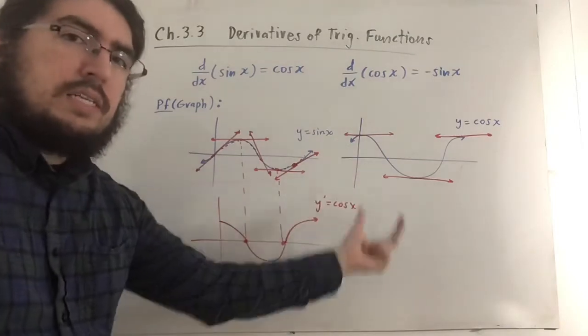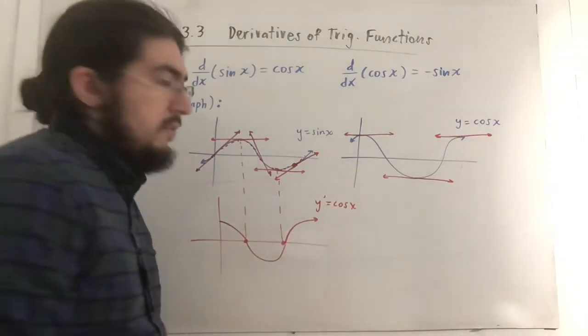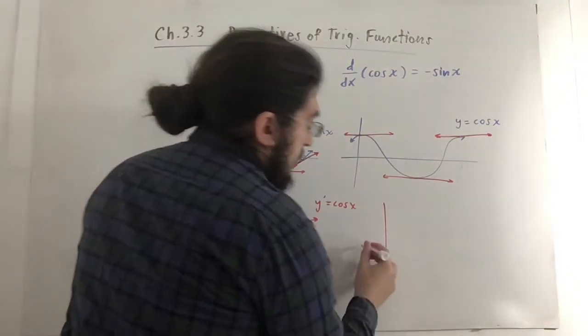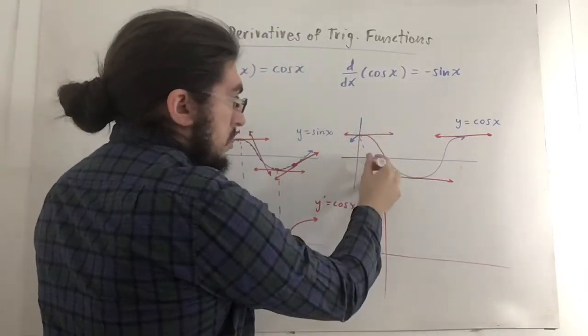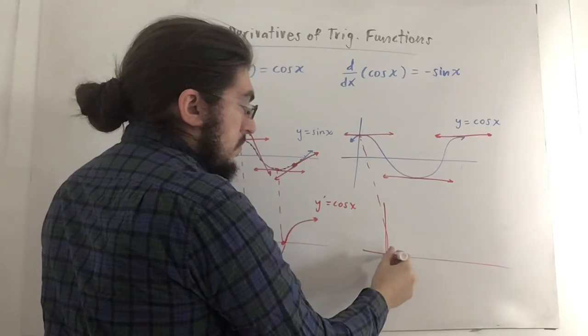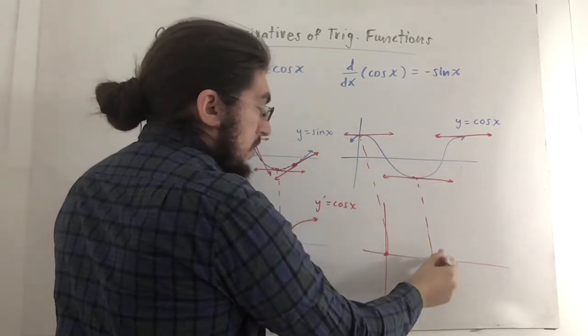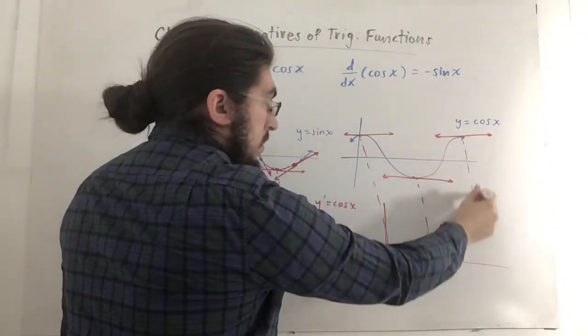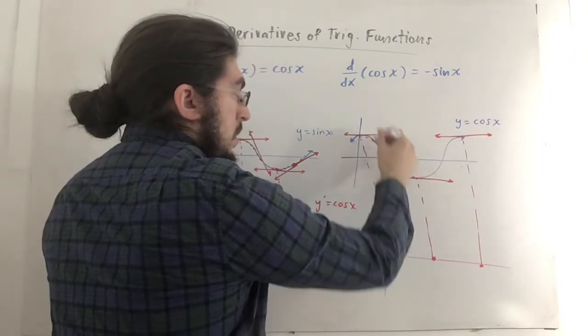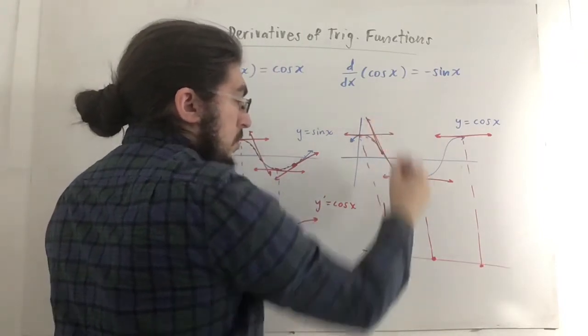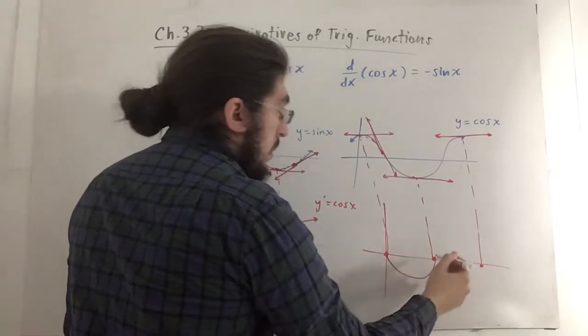But let's move on and see what it looks like for cosine. It's a little different. For cosine, again, we want to make sure these points correspond to the same ones. So imagine this is 0. This corresponds to 0. This corresponds to 0. Between here and here, the slope is negative, so we're below the x-axis.